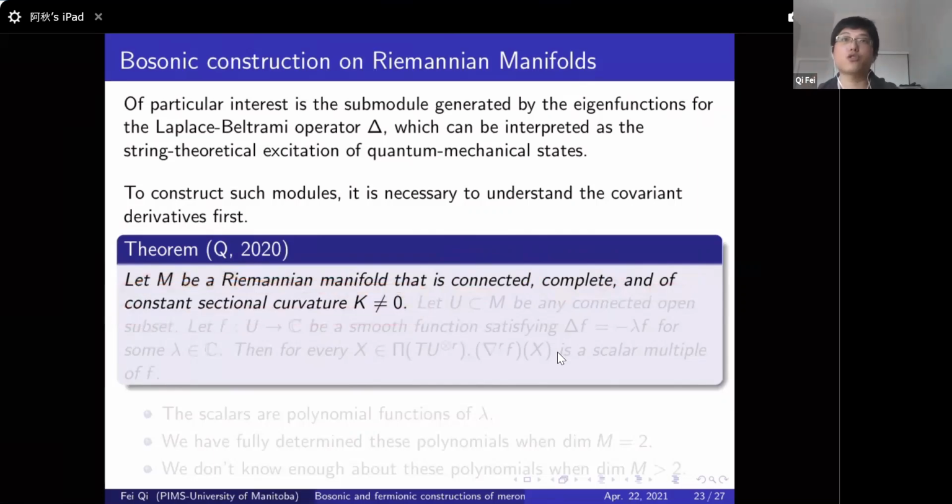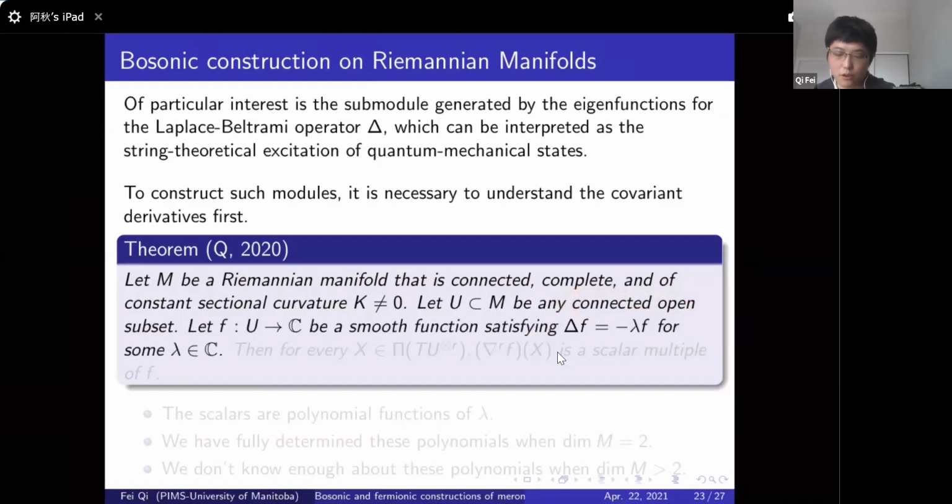Moreover, we require the sectional curvature to be non-zero. With this requirement, for any connected open subset U, we will consider a smooth function f that is an eigenfunction of the Laplace operator delta.